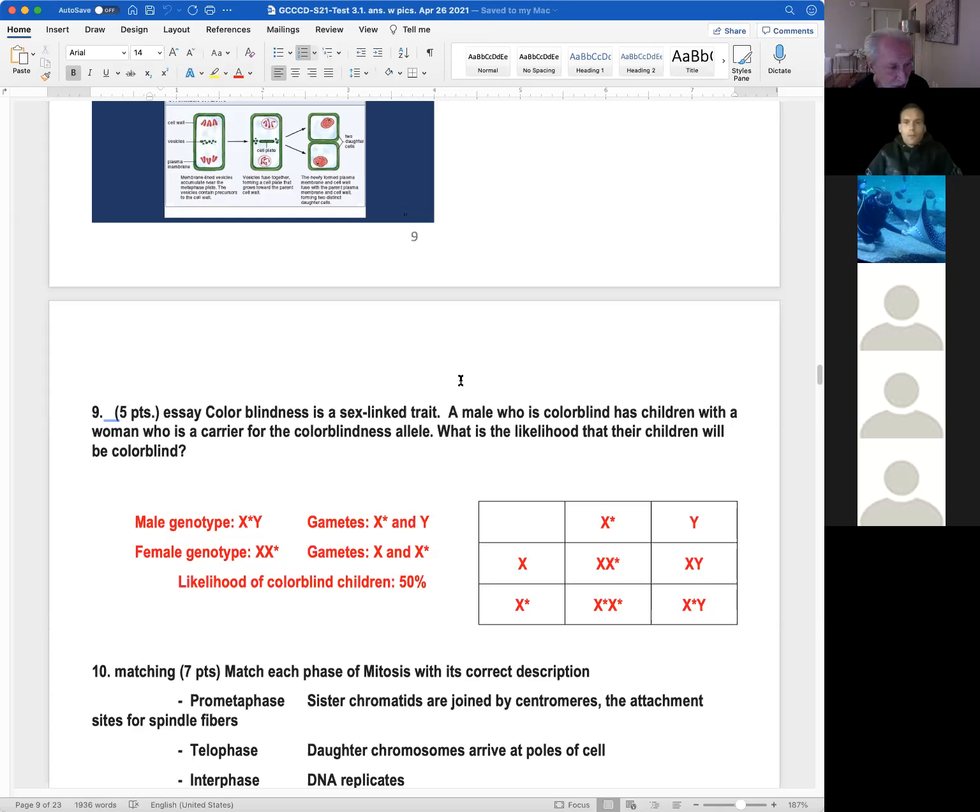Now, the female we know is a carrier. And what is a carrier? Someone with the allele? Has an allele, yeah. What else about a carrier? They only have one, because it's a recessive gene. It's not dominant. In the case of sex-linked, dominance isn't really a factor.